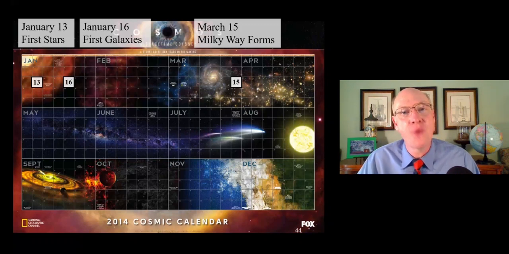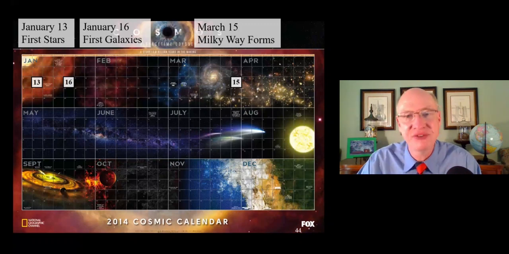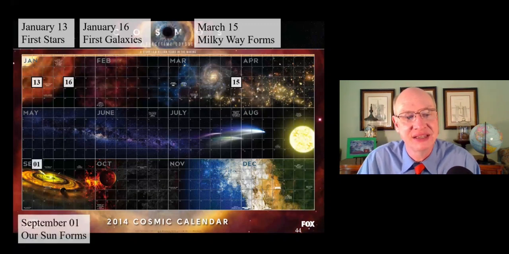And then 4 generations or so after the first stars in the Milky Way galaxy, our sun forms. Our sun formed on the cosmic calendar around September 1st. That's about 4.5 billion years ago. About 9 billion years into the history of our universe is when our sun forms.